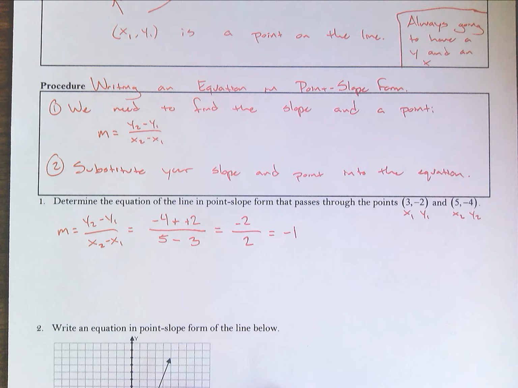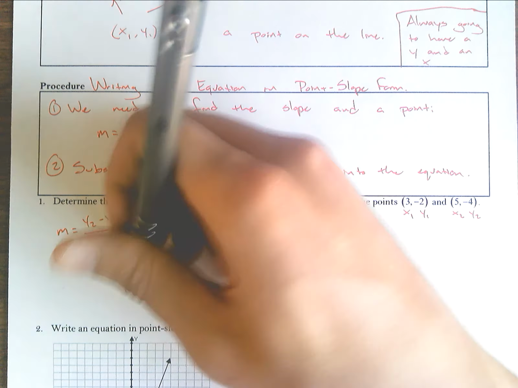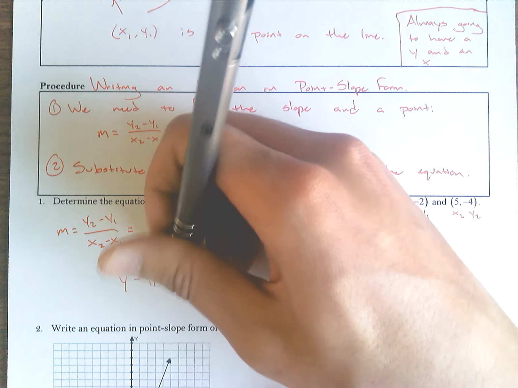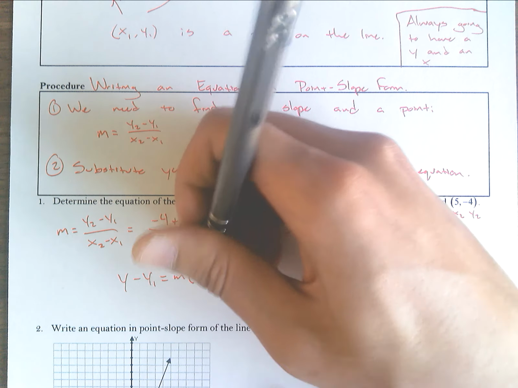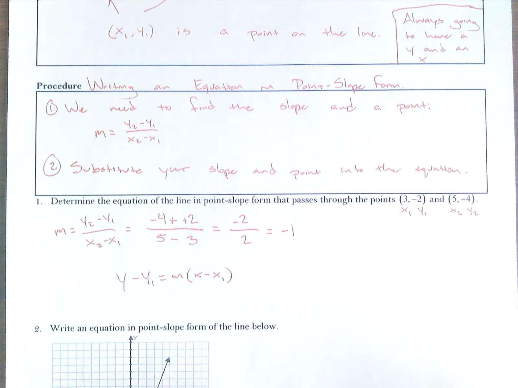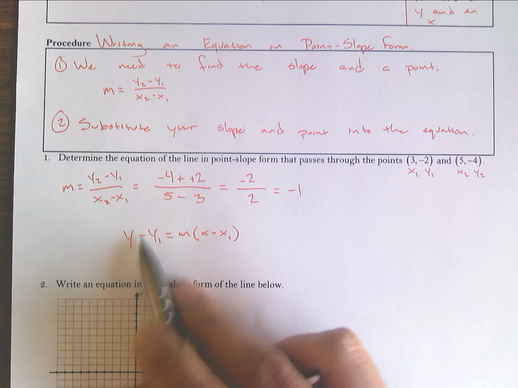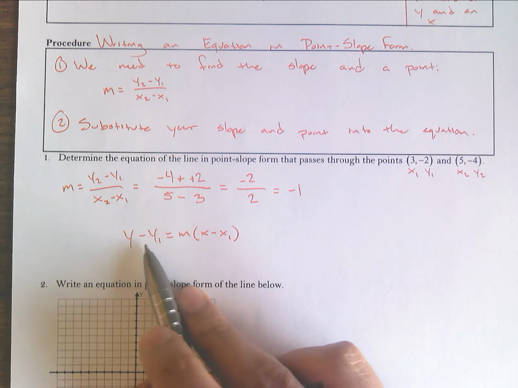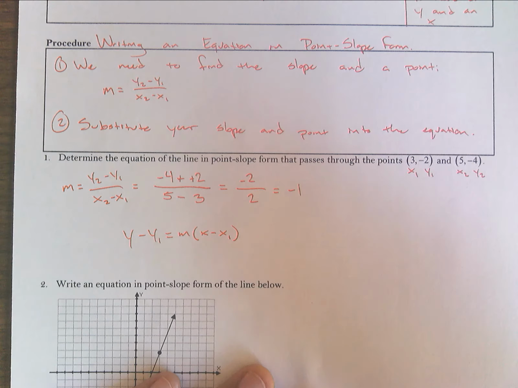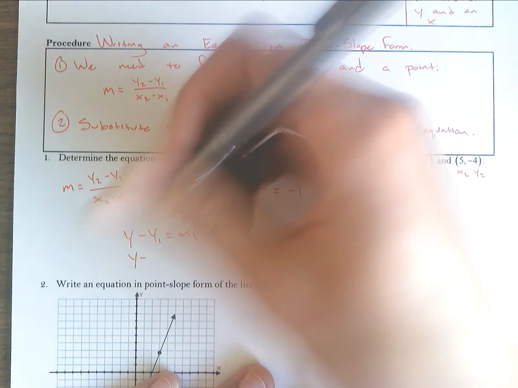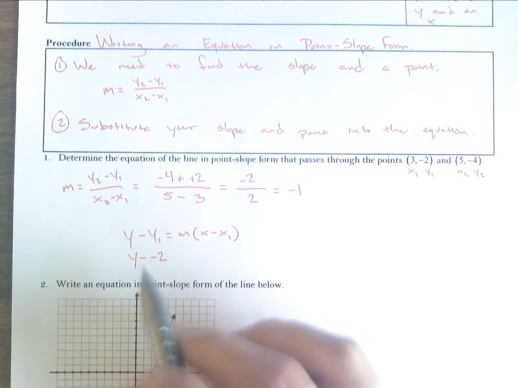Now we can plug that into point slope form. y minus y1 equals m parentheses x minus x1. We always have a y and an x. So y minus y1, and y1 is negative 2, so y minus negative 2. Don't forget that minus negative.